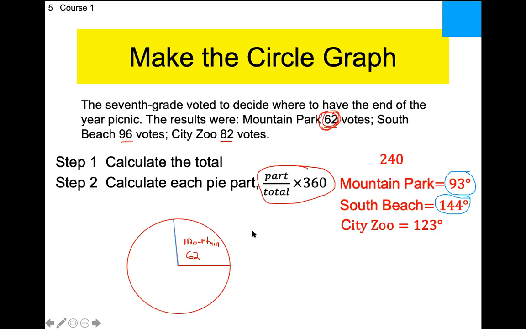Don't use the outer scale, use the inner scale. So 144 degrees, I want to do a line, not a freehand. 144 degrees, I use my protractor. 180, roughly about right there, 144 degrees. So 144 degrees, we label now.